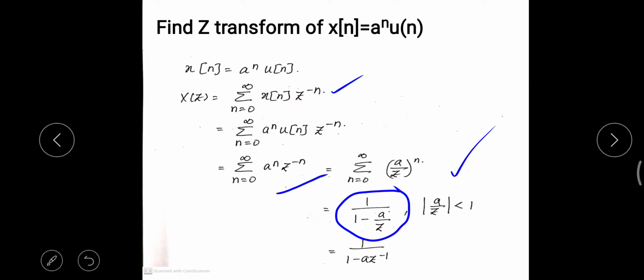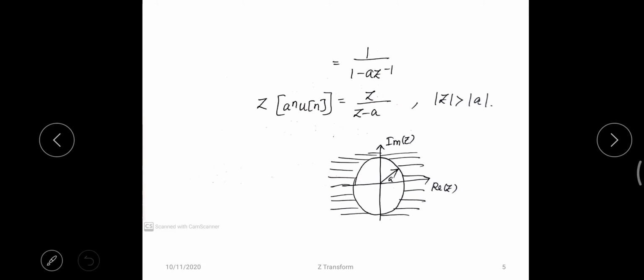This formula is applicable only when this value is lesser than 1. Now we can simplify this, so I get 1 by 1 minus a z inverse, or otherwise z by z minus a. This is generally the Z transform of the given signal x of n.